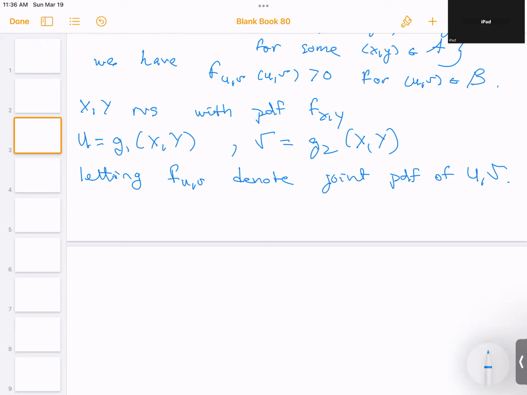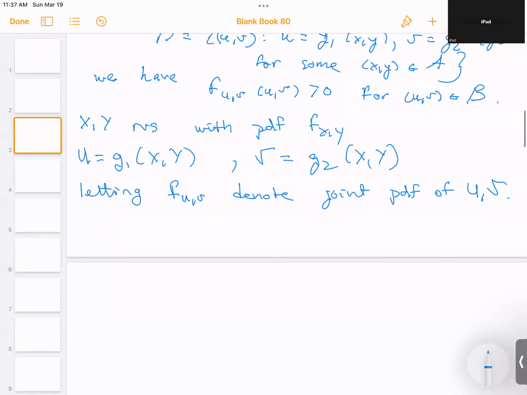So what is the new thing? We want just injectivity, we want one-to-one. So let's assume this map, this R² to R² function from A to B, is one-to-one.